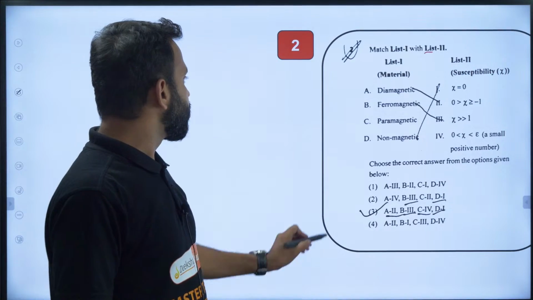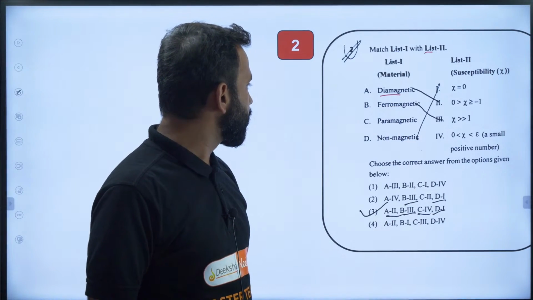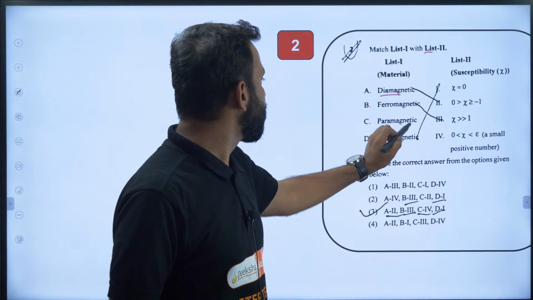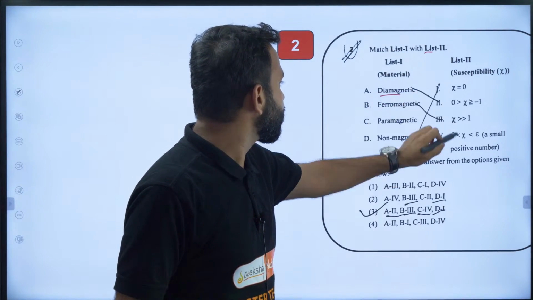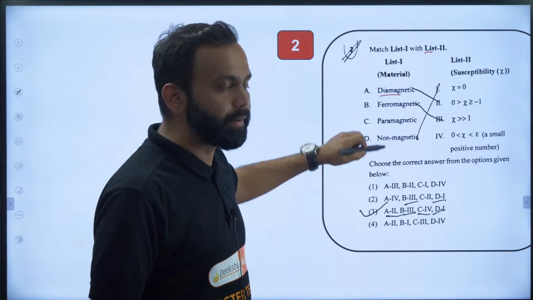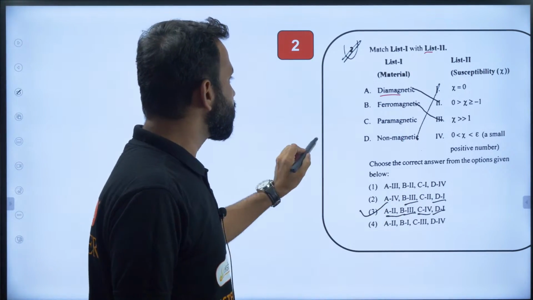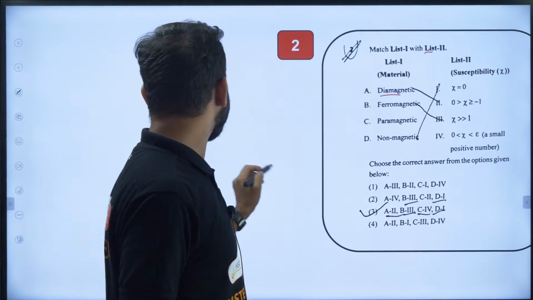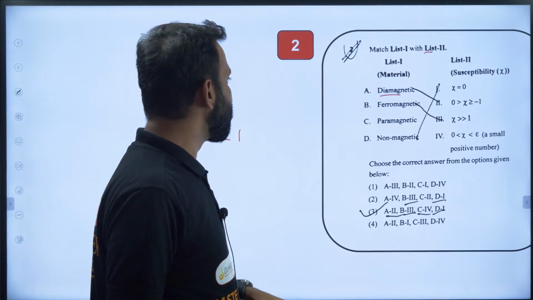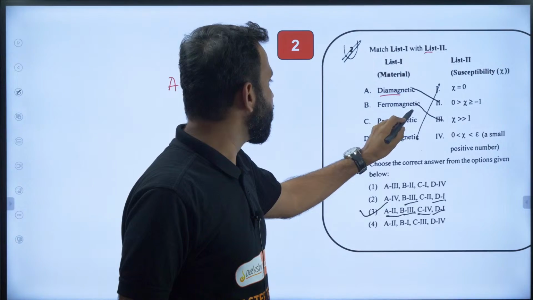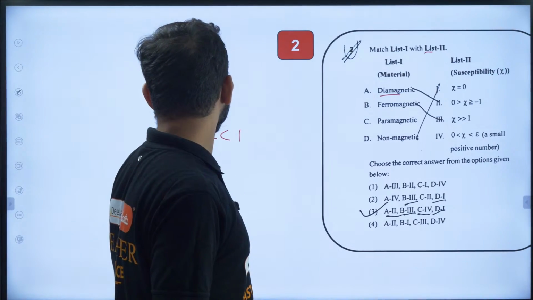Diamagnetic material, right? They have given susceptibility values and the type of magnets. The susceptibility value of the diamagnetic material is much lesser than 1, so A belongs to 2. And then ferromagnetic material, B belongs to 3.